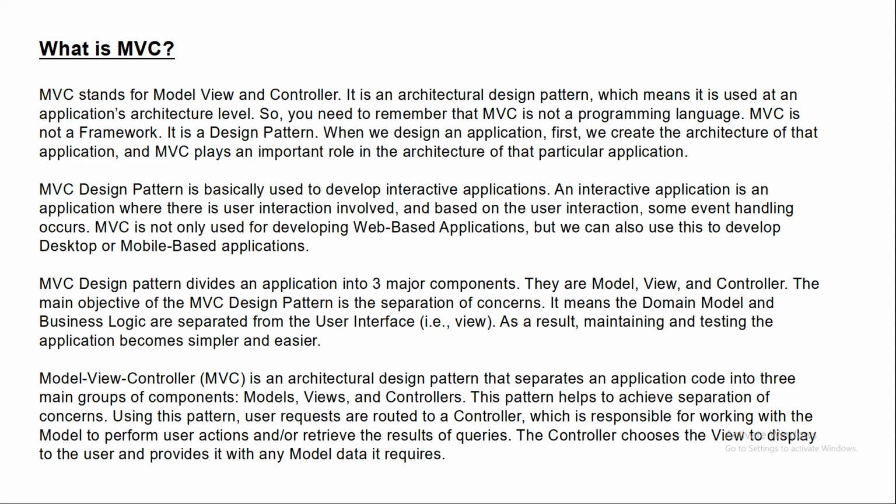So this MVC, Model View Controller, is a design pattern predominantly used for interactive programs. I said interactive programs means where it requires constant interaction with the user. So it's predominantly used for interactive applications, and it could be Windows programming, or a web browser, or a mobile application, anything.